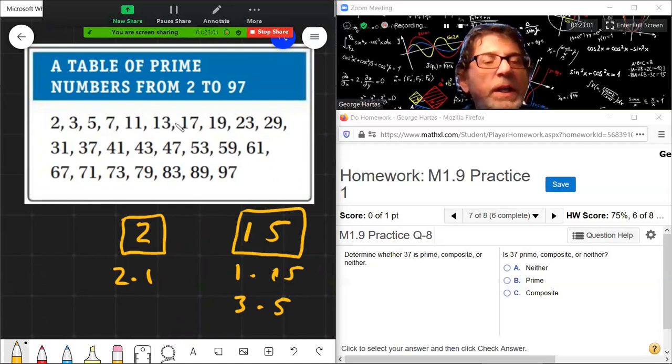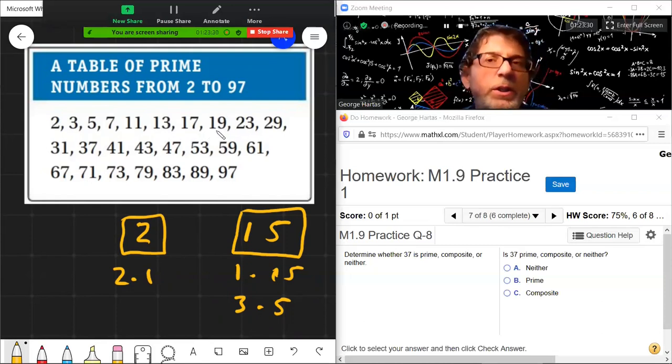That's why 15 is not on the list. My recommendation is to do this. Memorize the first row and pretty much most of the second row. I would write these down in your notebook somewhere and get to know them really well, especially the ones below 50, let's say. It's going to make life a lot easier if you know these by heart.